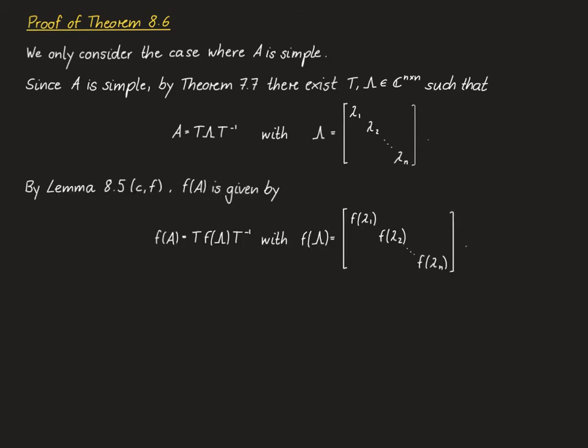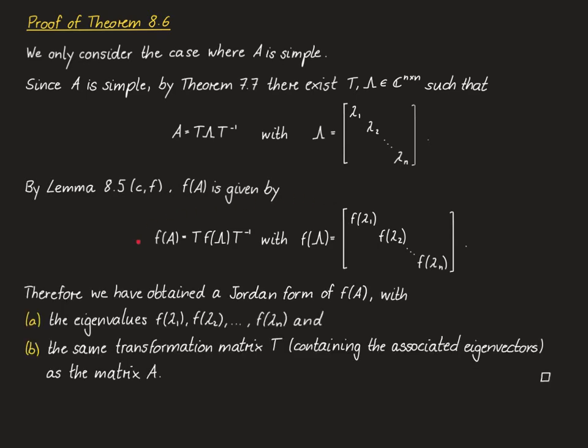Now by Lemma 8.5 C and F, we can write f of A as T times f of Lambda times T inverse, where f of Lambda is given as the diagonal matrix with the diagonal entries f of lambda 1, f of lambda 2, and so on up to f of lambda n.